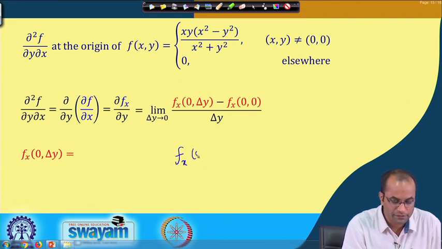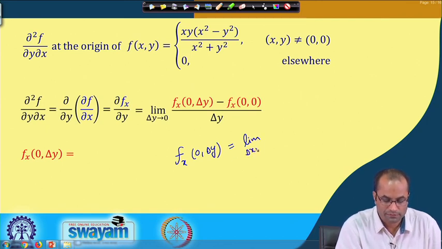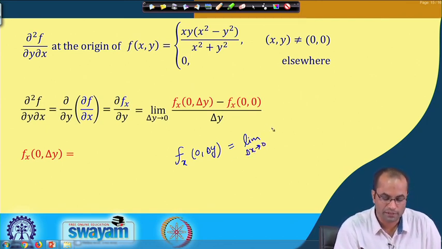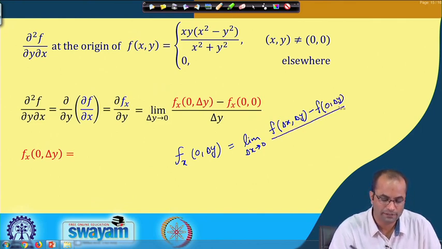derivative here, f_x(0, delta y). So, again the limit has to be for delta x, because we are taking the derivative with respect to x, and f here the increment. So, 0 plus delta x, so delta x, and delta y as it is, minus then we have f(0, delta y) divided by delta x.